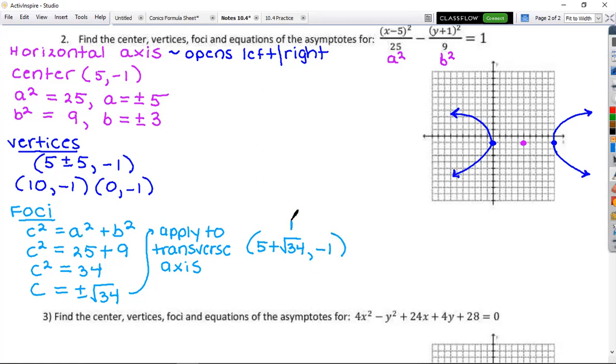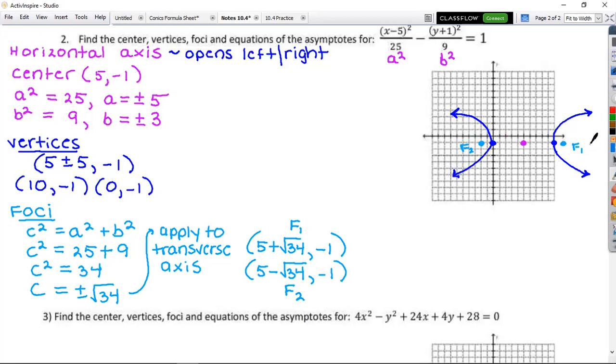I'll label this focus 1. And then my other one would be 5 minus the square root of 34 and -1. Focus 2. Again, if you want to plot those, just get your calculator and get a decimal equivalent. They're going to be somewhere in this vicinity here. I'll just ballpark it. So focus 2, my negative, focus 1.